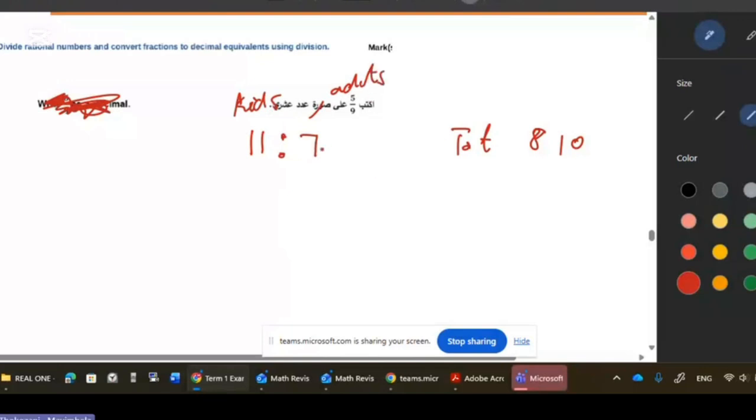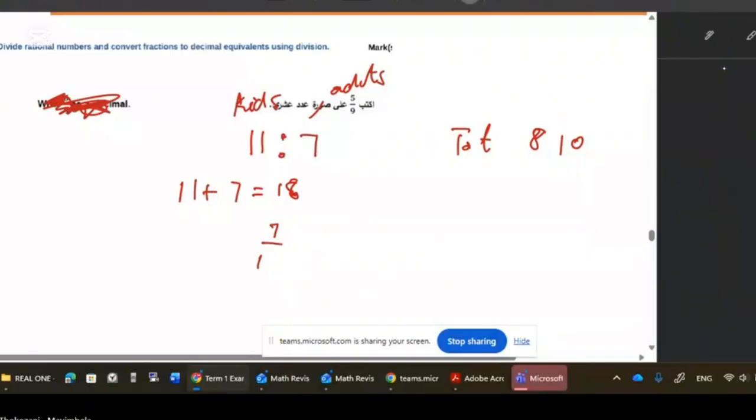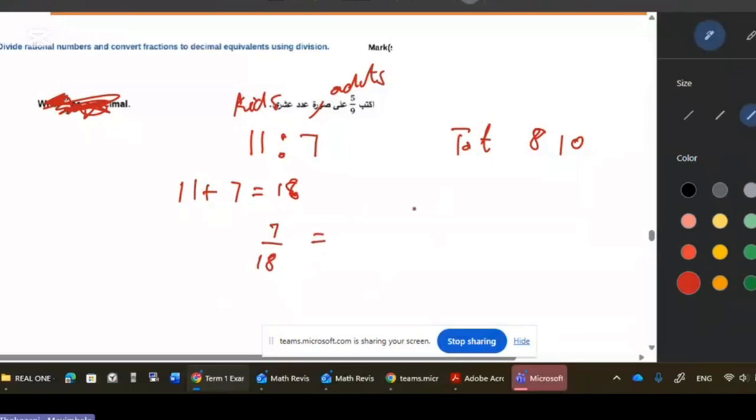Now they're asking about the adults. So first you say 11 plus 7, which gives you 18. Because they're asking particularly about the adults, you say 7 over 18 equal to x over the whole total, which is 810.